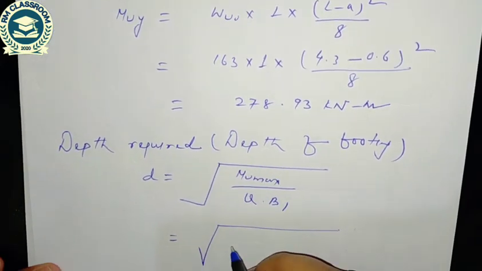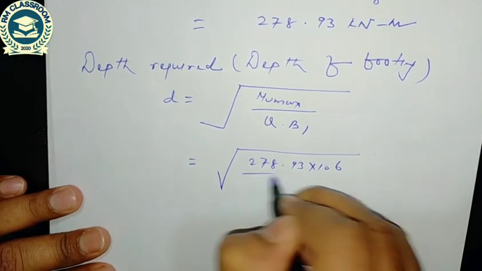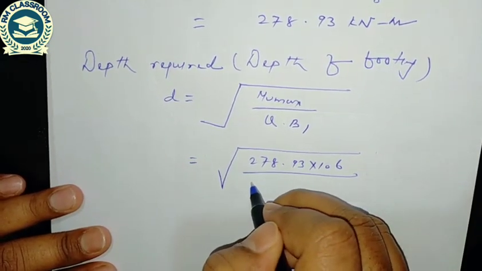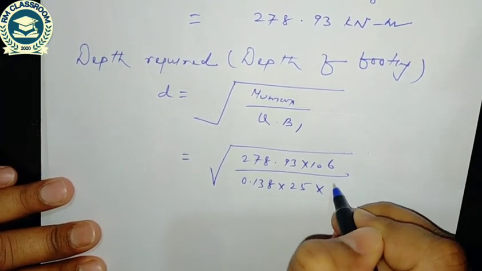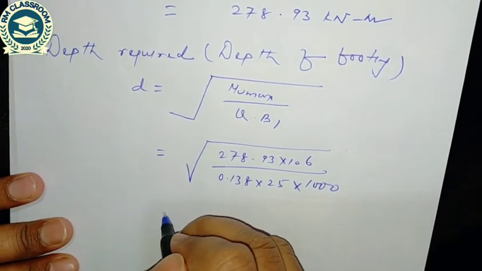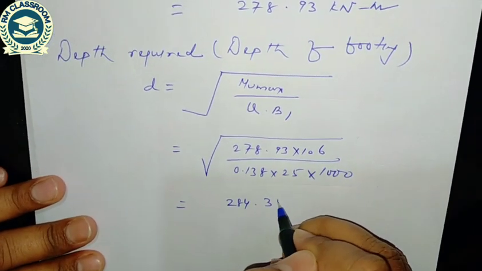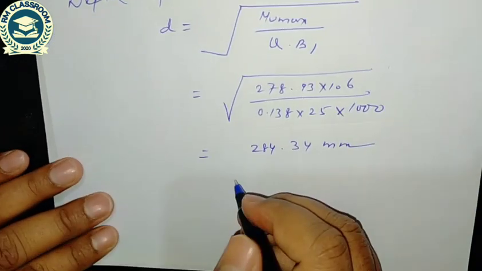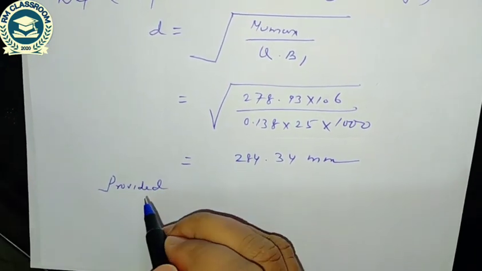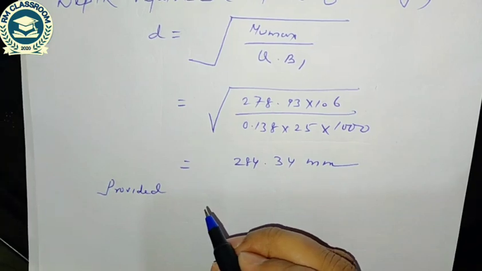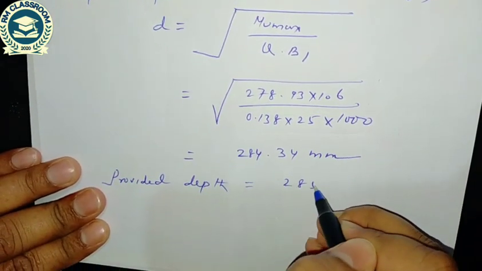So the maximum bending moment is 278.93 into 10 to the power 6, and bending moment coefficient is 0.138 into fck, 25, into B1 is 1000, for 1 meter design. So the depth is coming 284.34 mm. So provide depth equal to 285 mm.